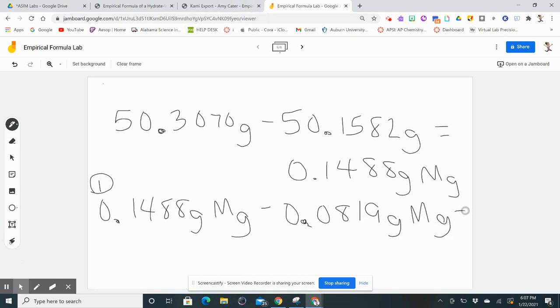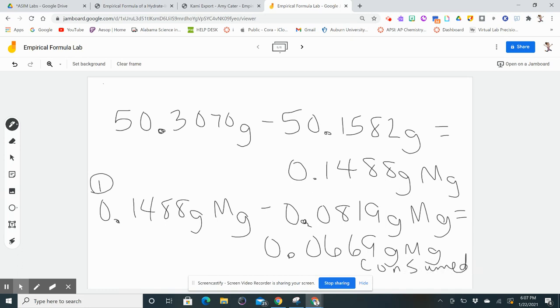And that's going to equal, for my sample calculations, 0.0669 grams. So this is number one. This is the mass of magnesium consumed.